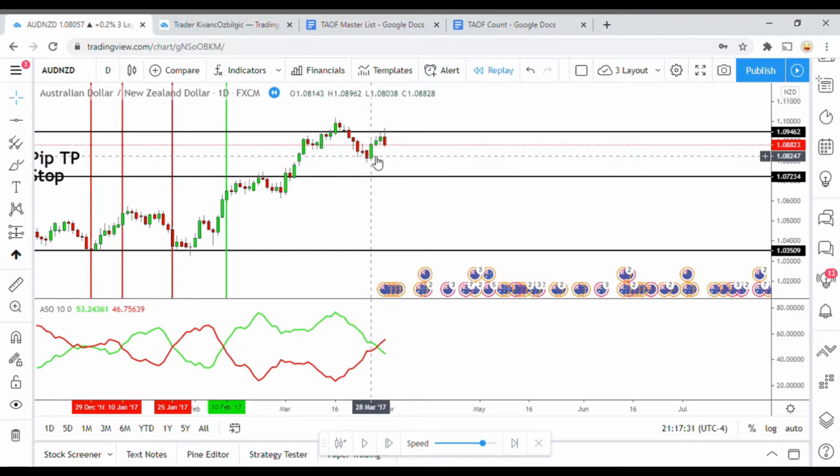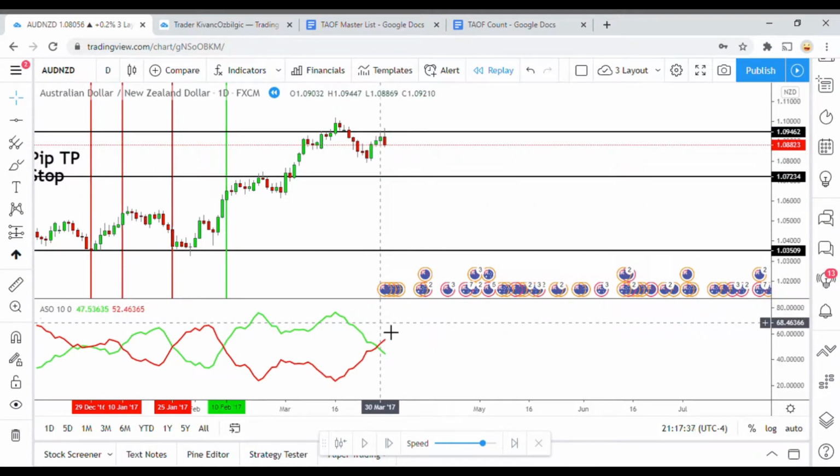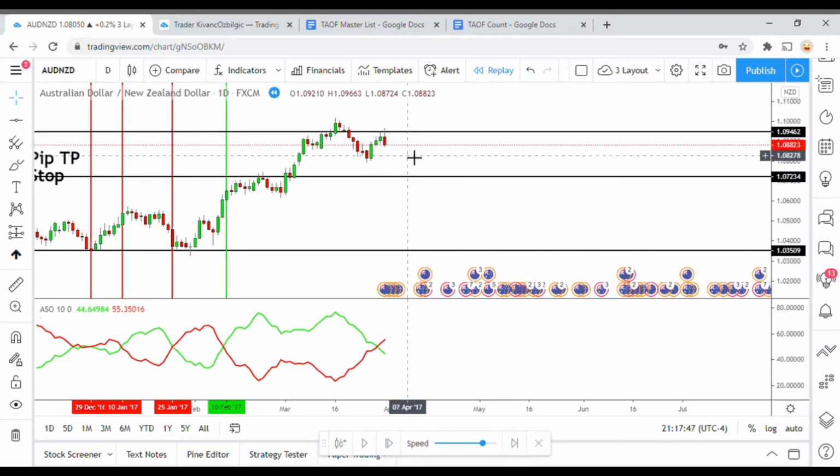There we go. So it broke up above it just a little bit there and then had this really strong pullback. Now it is starting to bounce a little bit here back up to that zone. We have picked up a short signal.